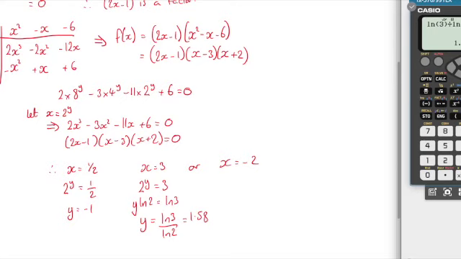And there are no solutions because 2 to the power y is minus 2. There are no real solutions here. You can't take logs of a negative number, so there are no real solutions.